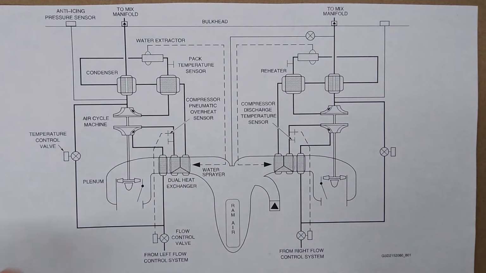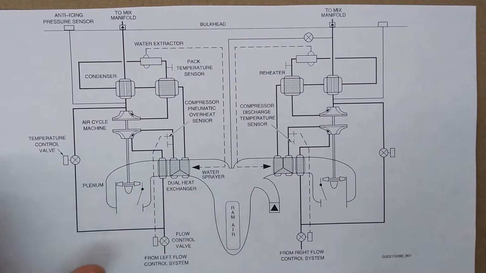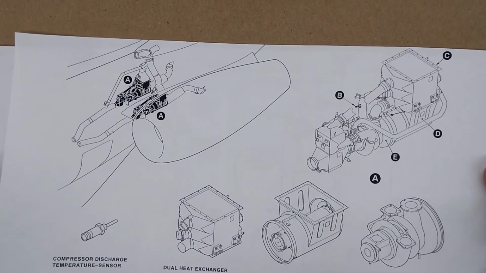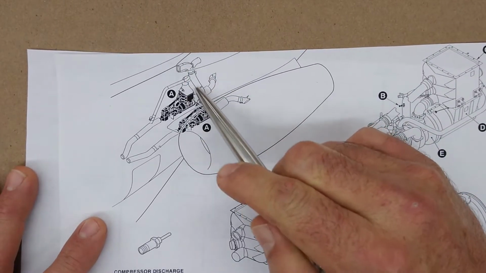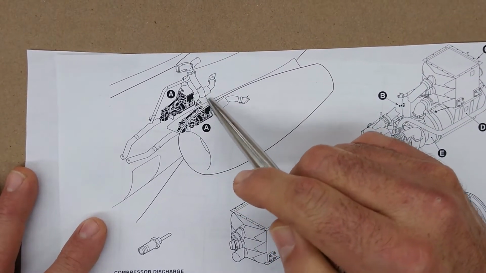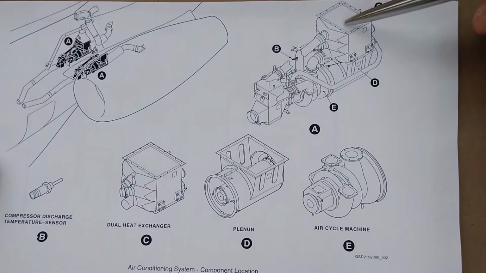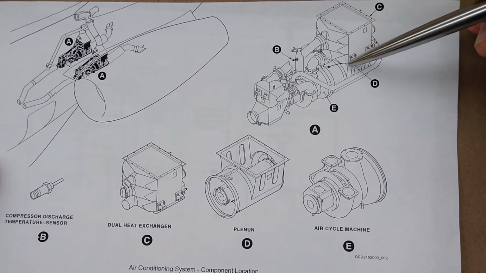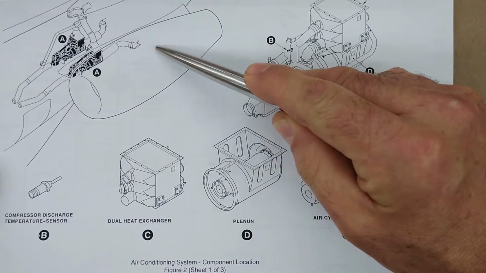Now, this is a very easy schematic to follow. This is a little more convoluted, a little more difficult to understand. So you have ram air coming in through here and coming to the top of the heat exchangers. So you have ram air coming down through here and being exhausted out the back over here.